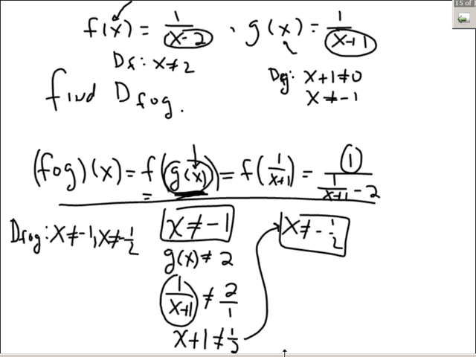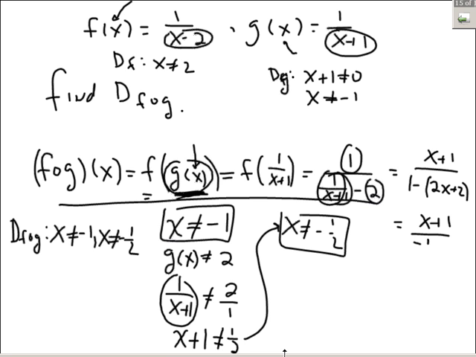Multiplying each of these terms by x plus 1, we get x plus 1 over 1 minus 2x plus 2, which is x plus 1 over negative 1 minus 2x, which is x plus 1 over 1 plus 2x with a minus in front.